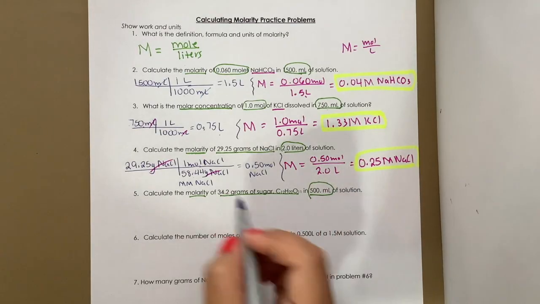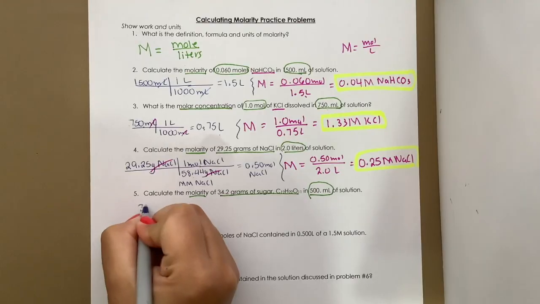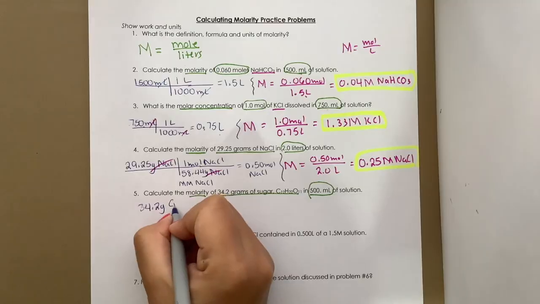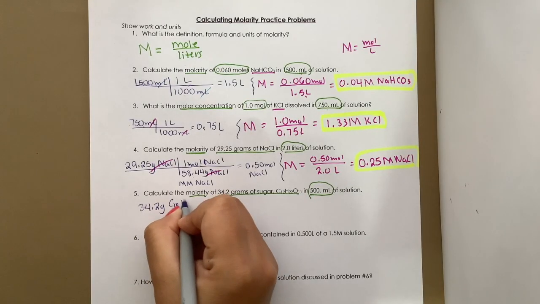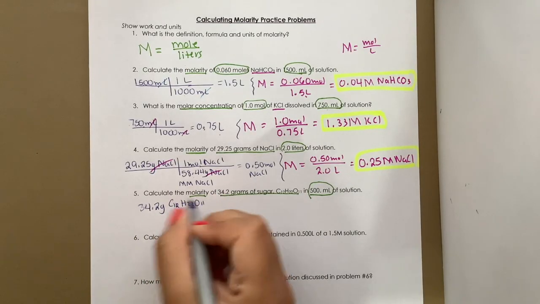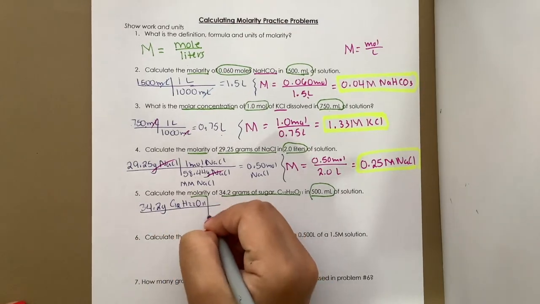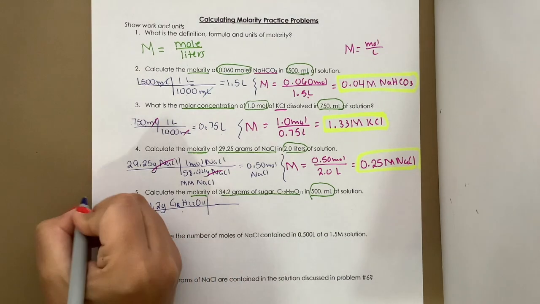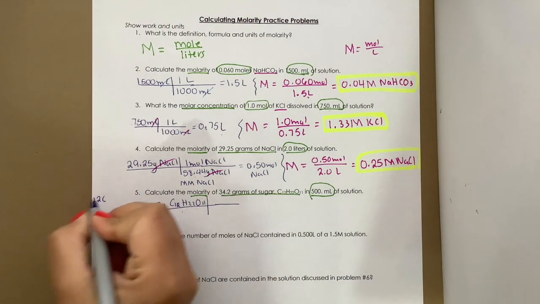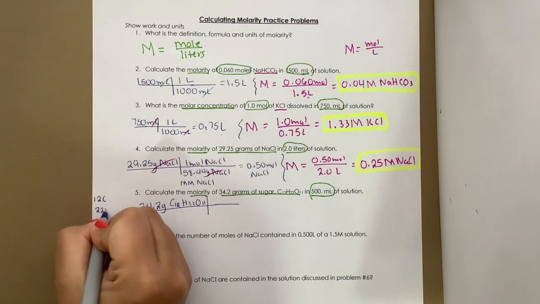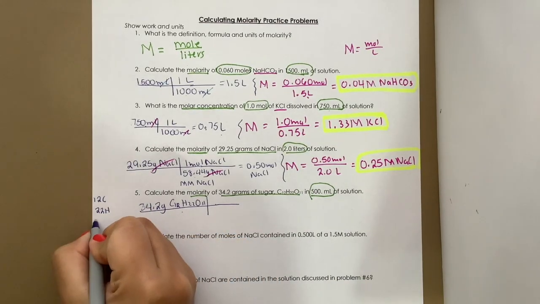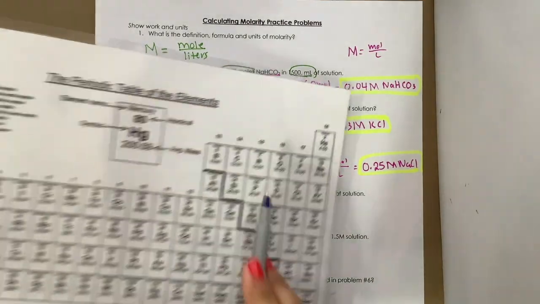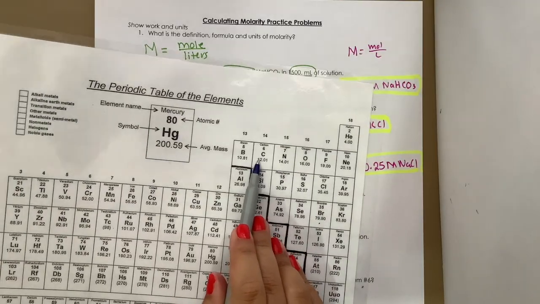formula. So the first thing I'm going to do is turn 34.2 grams of sugar, which is C12H22O11, into moles. Okay, remember that the way I do that is by figuring out the molar mass. So I have 12 carbons, 22 hydrogens, and 11 oxygens. I'm going to multiply 12 times the mass of carbon, which is 12.01.